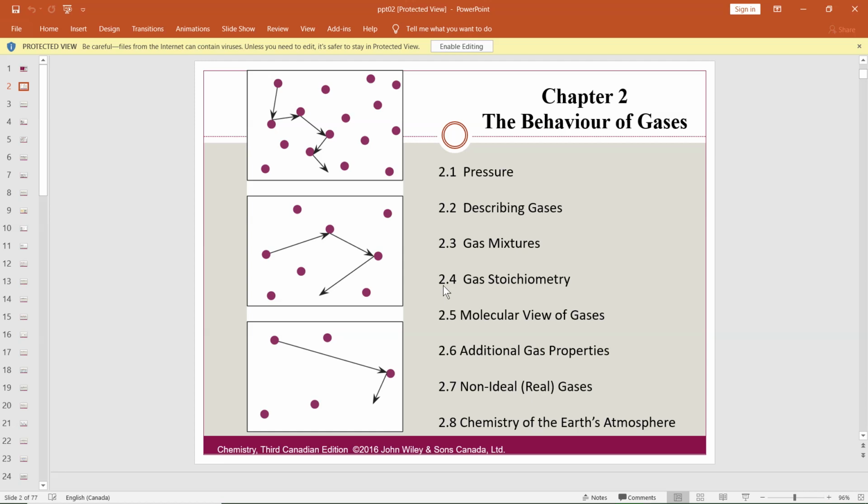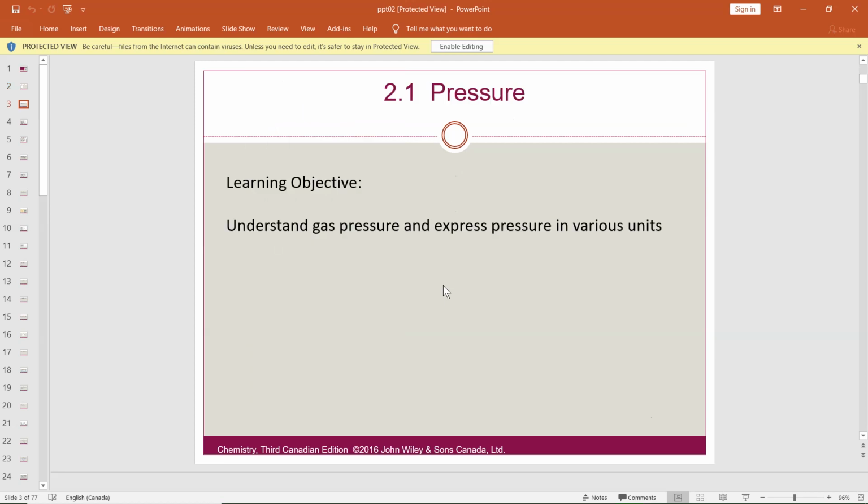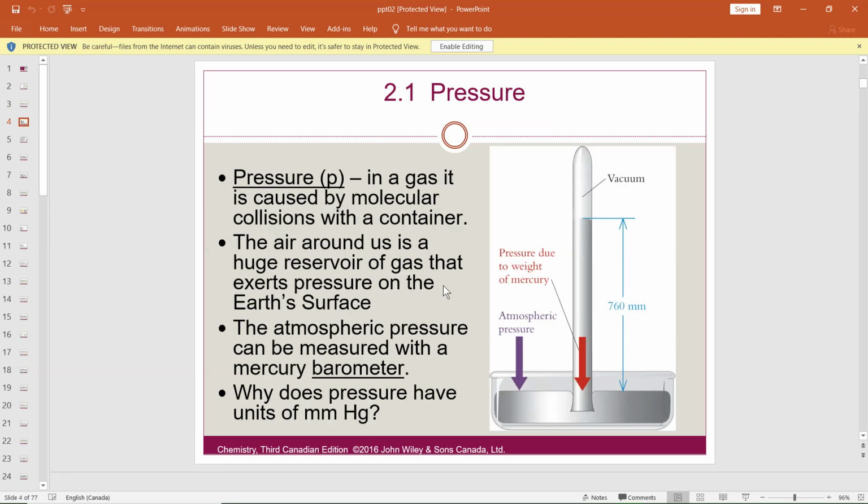Chemistry of the Earth's atmosphere, we don't really talk about that much. So we're going to use slides and our mini text to go through that. So we start with pressure, and we understand gas pressure, and there's various units associated with it.